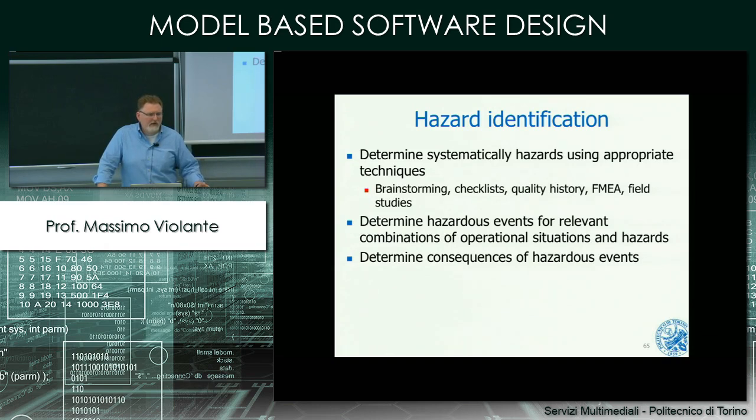Or we can have a false value. Let's say the reading corresponds to a distance higher than what it actually is, or lower than what it actually is. In terms of the function that the item shall provide, what is the effect of this?